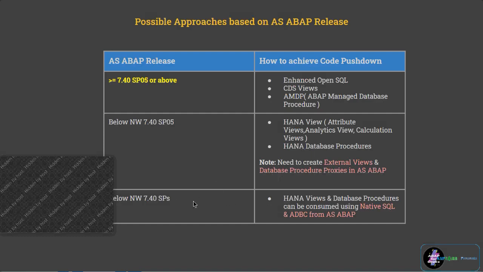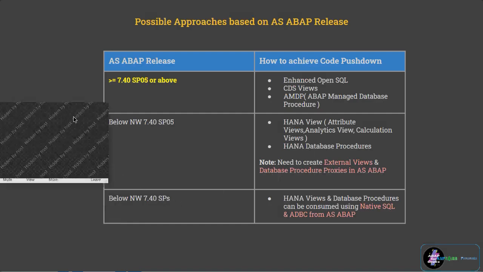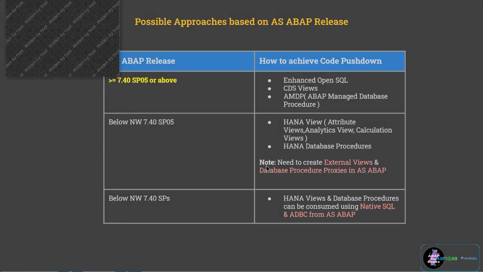Below 7.4, in order to interact with SAP HANA, we used to create HANA views and database procedures consumed using native SQL and the ADBC concept. That is even more painful.